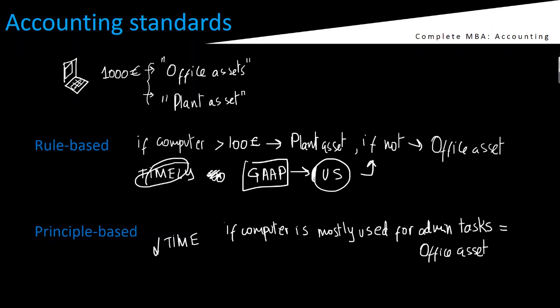You see that it's very easy to choose where it goes, but it's also very easily manipulated. The main accounting standard for principle-based is called IFRS, International Financial Reporting Standards, and is used internationally.